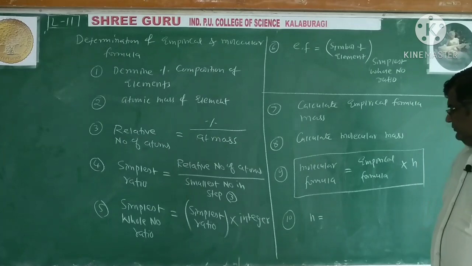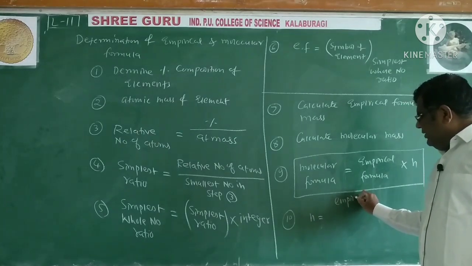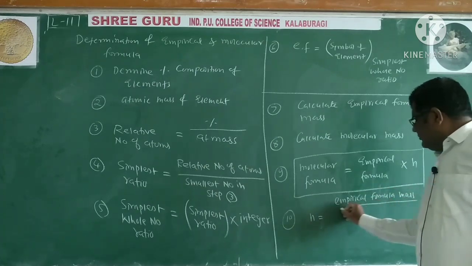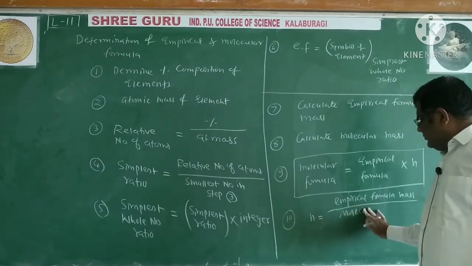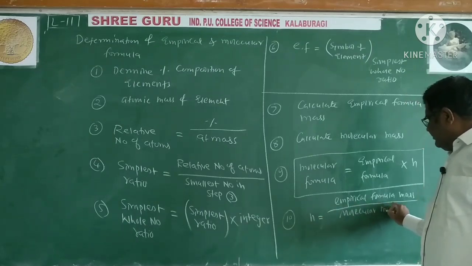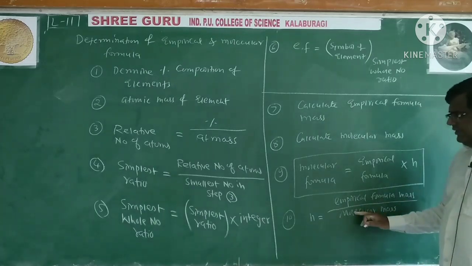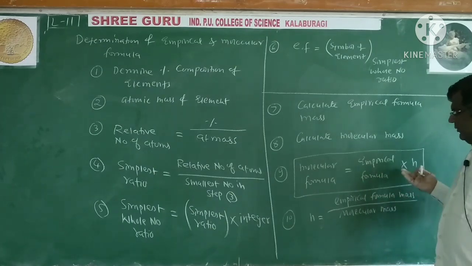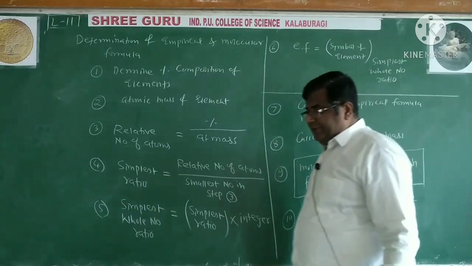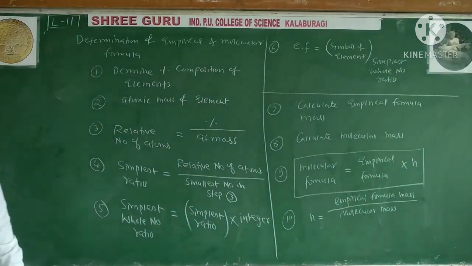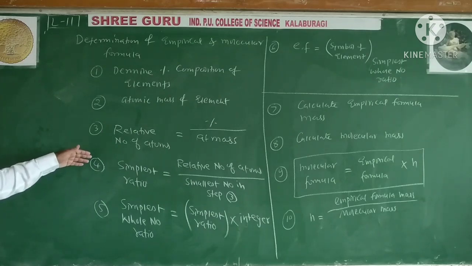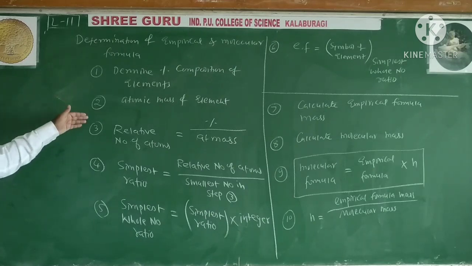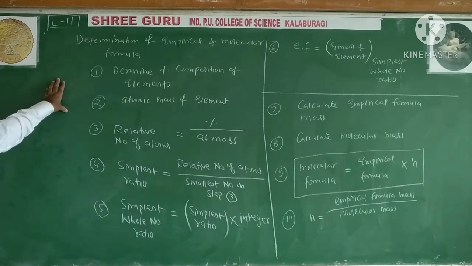This n equals to empirical formula mass divided by molecular mass. So first we calculate n and then we write this molecular formula. And when we substitute the value of n, we get the molecular formula from empirical formula. So even though this seems to be difficult while reading, this sequence of steps we need to remember to determine the empirical and molecular formula.